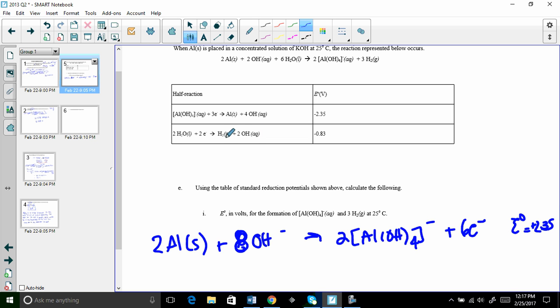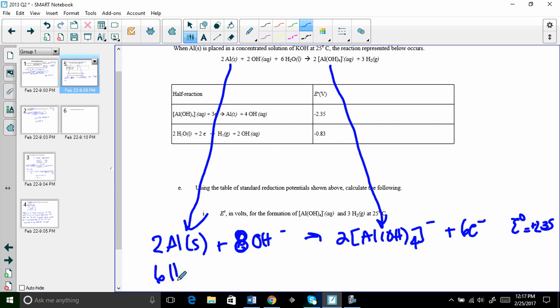Okay, now notice this is in the right place and this is in the right place. So now we got to get the H2 in the right place, and the electrons got to match. This equation has a 1 H2, but we need it to have a 3 H2. So I'm going to take this same equation and triple it.